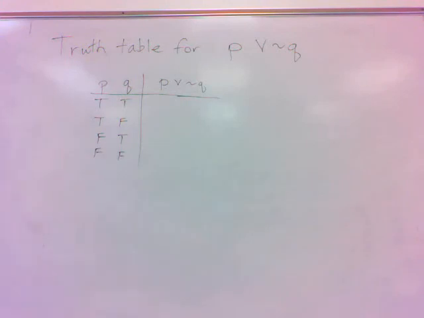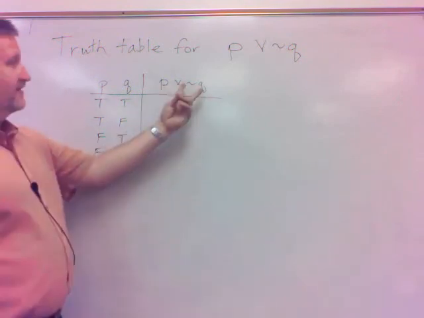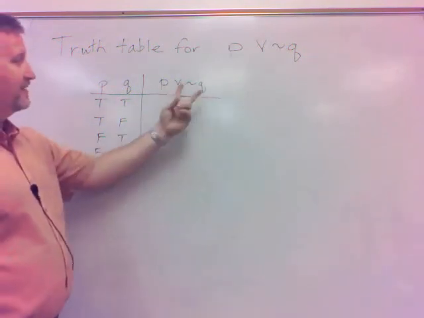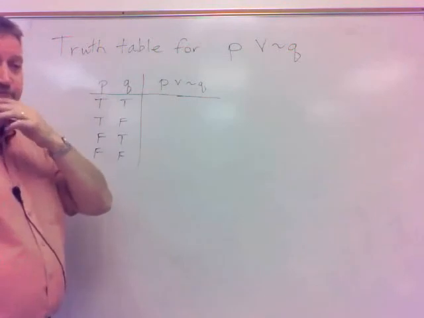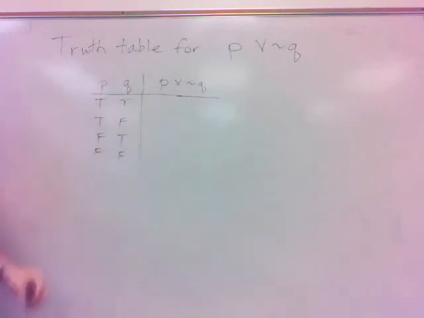Yeah, for the truth table, you need to list every possible scenario, and these 4 will do it for P and Q statements. Okay? But of course, the little problem here is this is a not Q instead of Q, because we've already done P or Q. This is P or not Q, though.